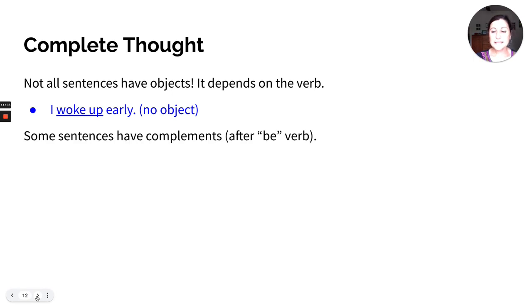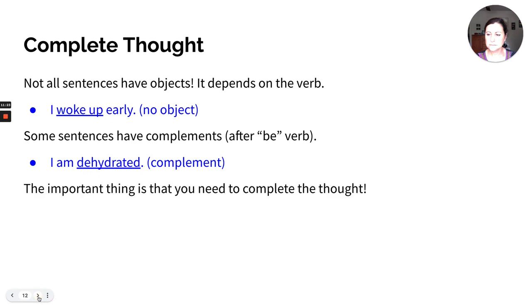And some sentences have complements after the be verb. They're not objects. Like, I am dehydrated. I need some water. After a be verb, if there's an adjective, this is called a complement. It's not an object. The important thing to remember is you need to complete the thought in your sentences.